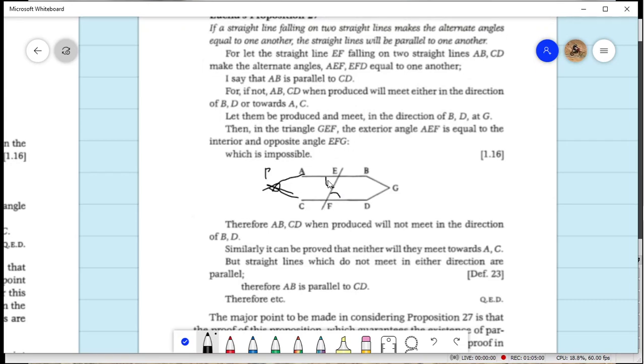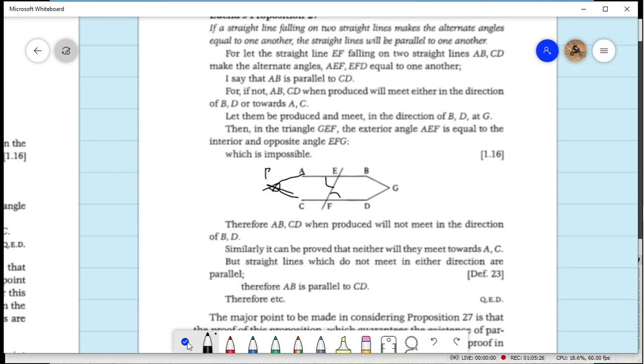So this exterior and this remote interior would be equal, which would again contradict proposition 16, meaning this intersection here cannot exist, meaning the two lines cannot meet at this side and will not also meet at this side, therefore the two lines are parallel. So the proposition is proven.